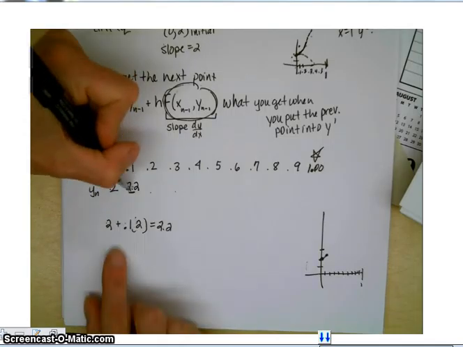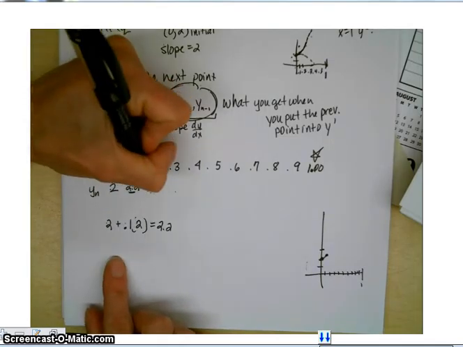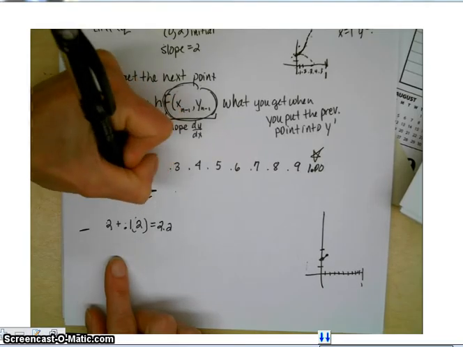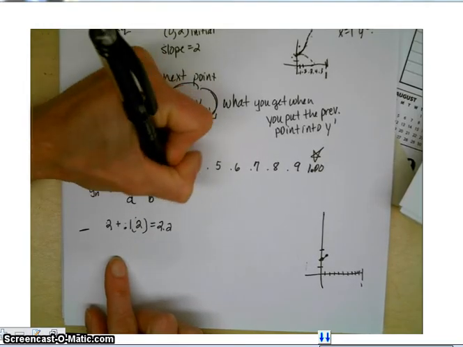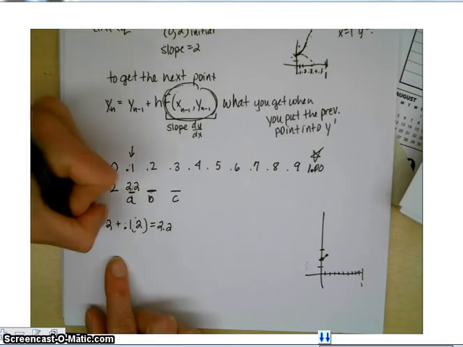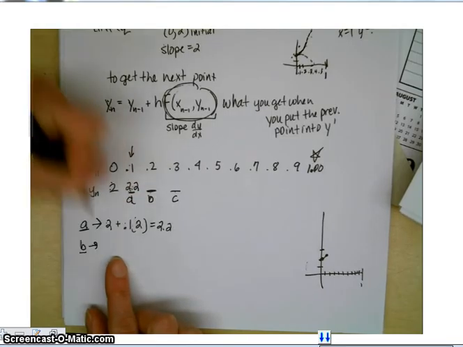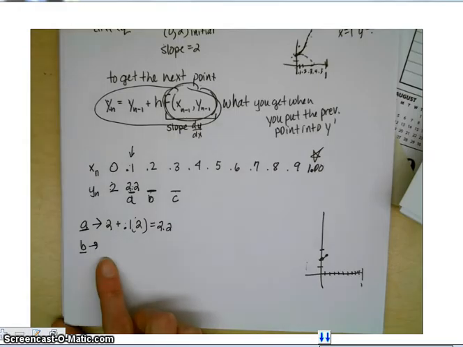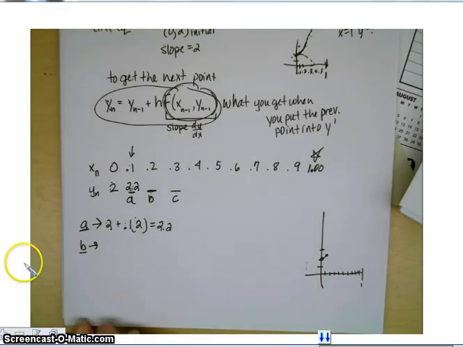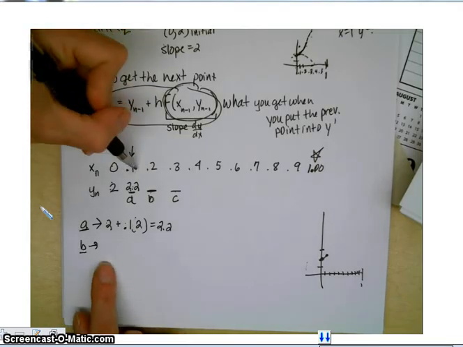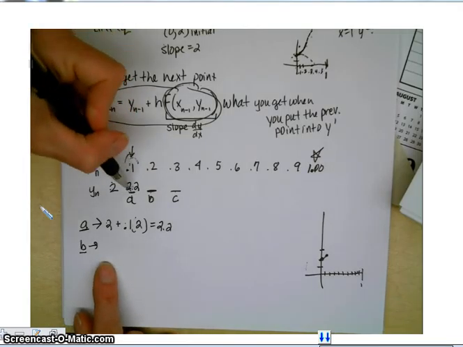Now I'm at this ordered pair. So now to find this next value, this will be blank 1, we'll call it blank A and B and C. So for blank A, that's how I found blank A. Blank B, now I use this same exact formula. Same exact formula, but this time I'm going to use this ordered pair as my x and y.